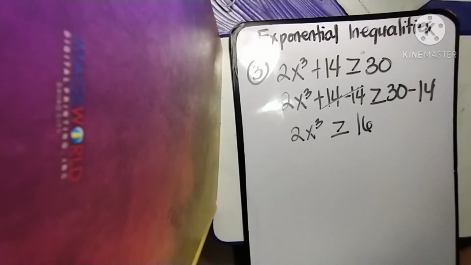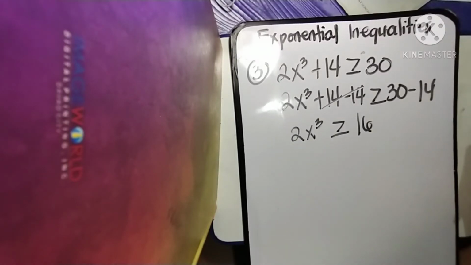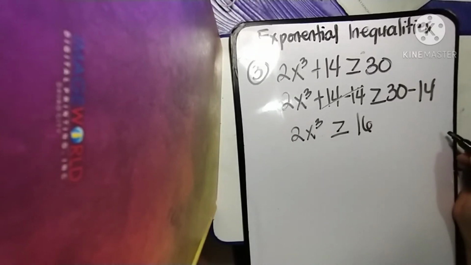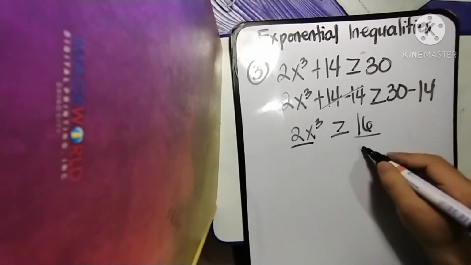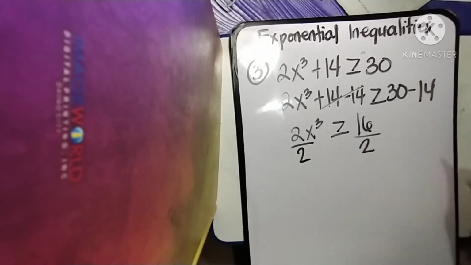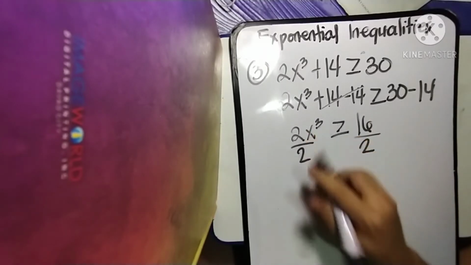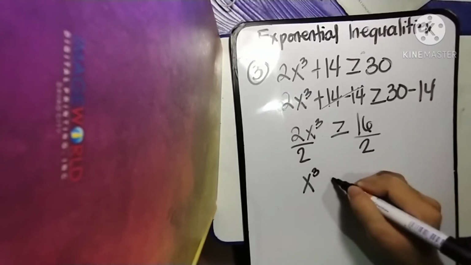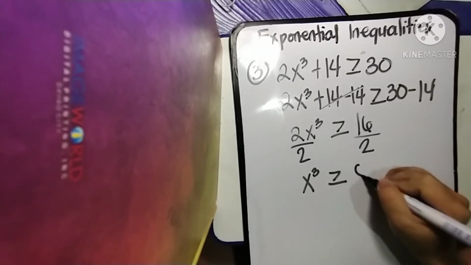Now to solve for x, we need to eliminate positive 2 on the left side. So to eliminate this, we apply the multiplicative inverse property of equality, or divide both sides by positive 2. Okay, so 2x cubed divided by 2, or 2 divided by 2 is 1 times x cubed, is x cubed, which is greater than or equal to 16 divided by 2, which is 8.